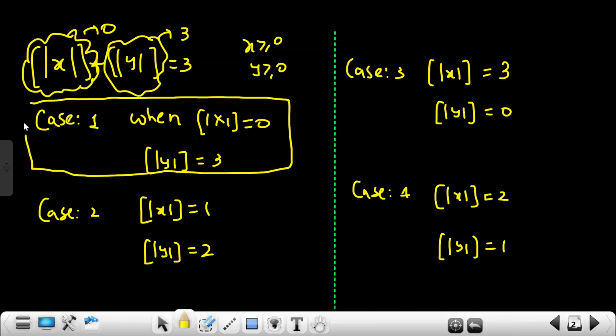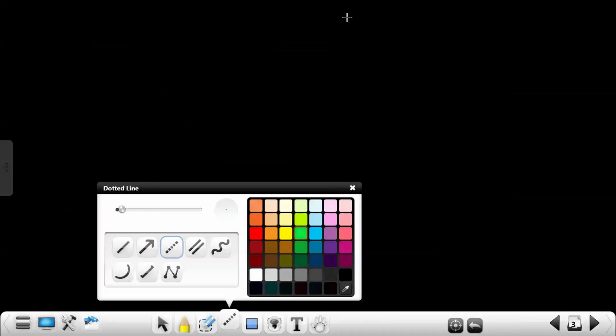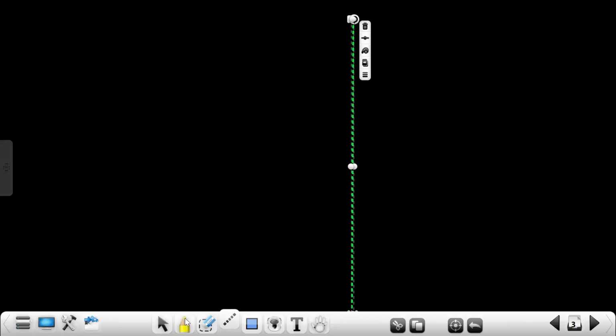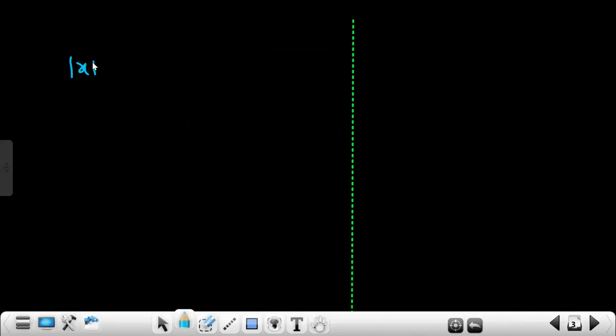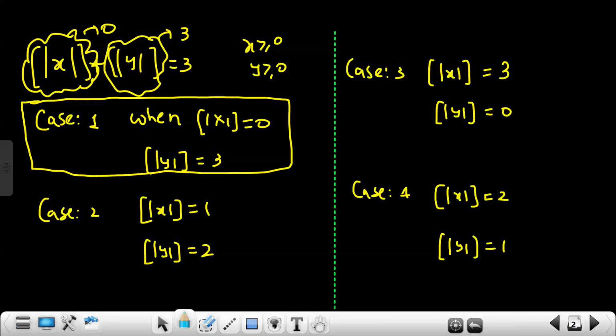Then we will multiply by 4 to get the answer. So our first case is, this is 0 and this is 3.